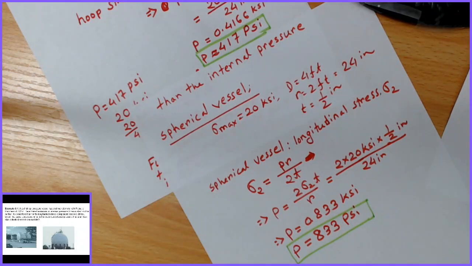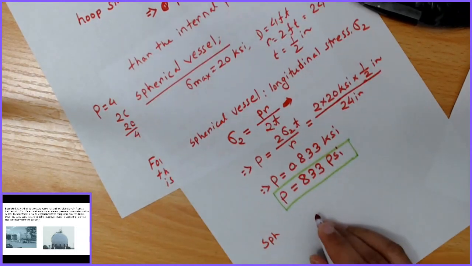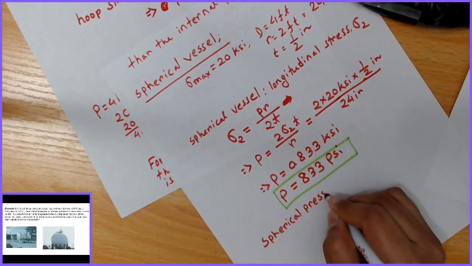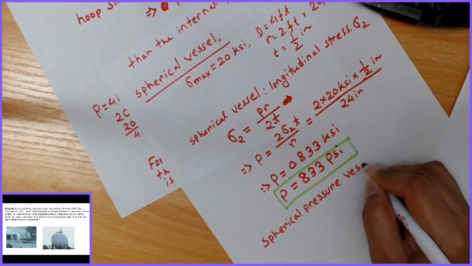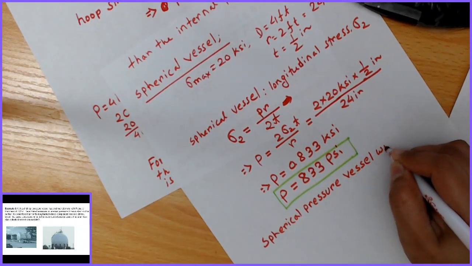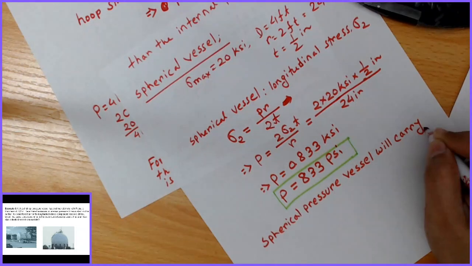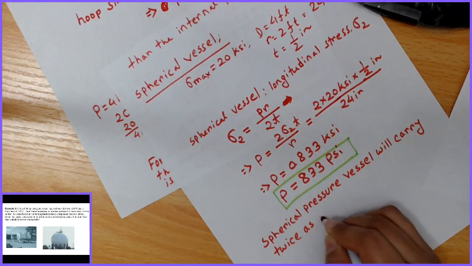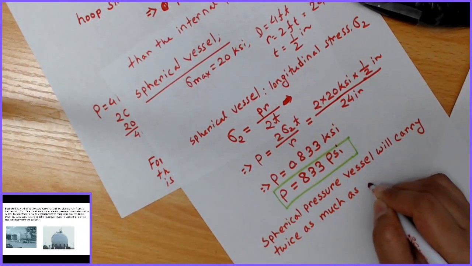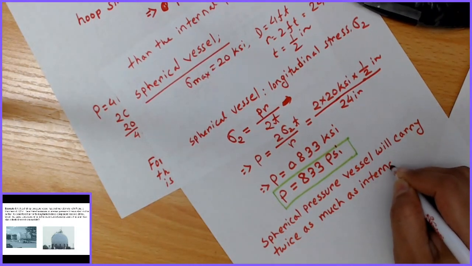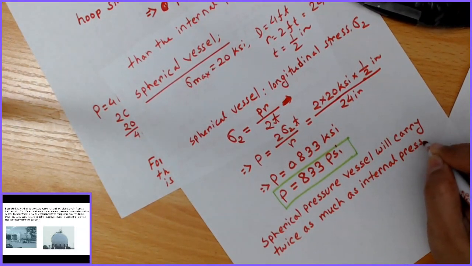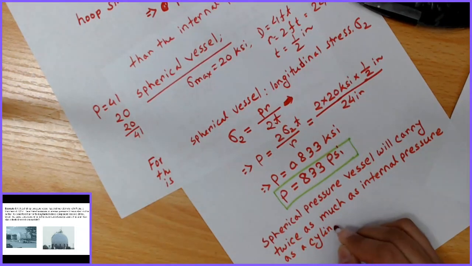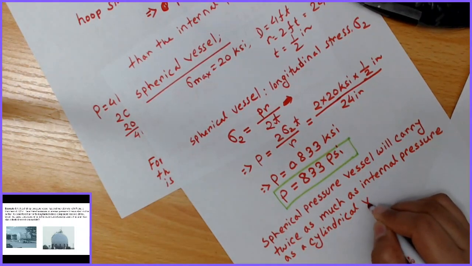That means a spherical pressure vessel will carry twice as much internal pressure as a cylindrical vessel.